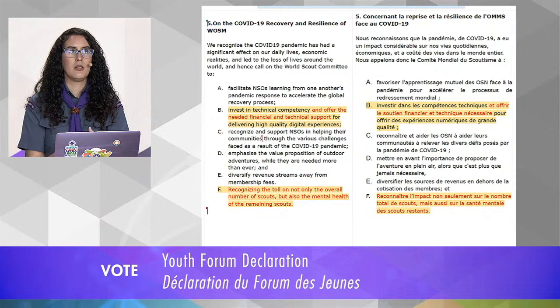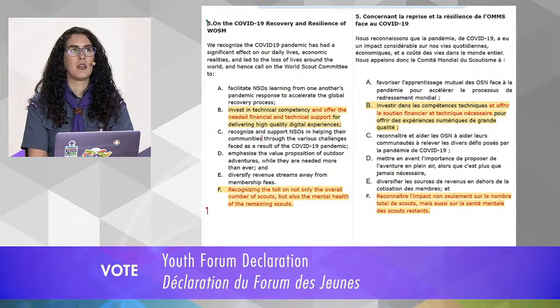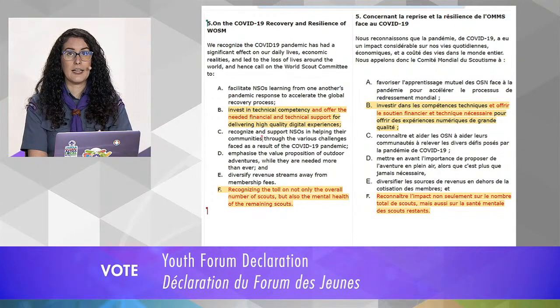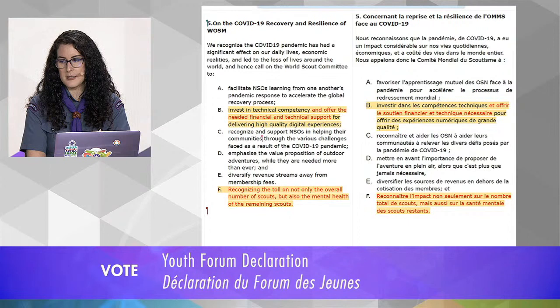So we're now discussing paragraph number 5 on COVID-19 recovery and resilience of WASM. I see 1 delegation, but we're just coping with some technical challenges, so please be patient.